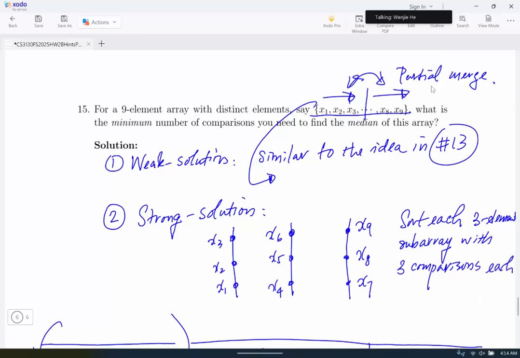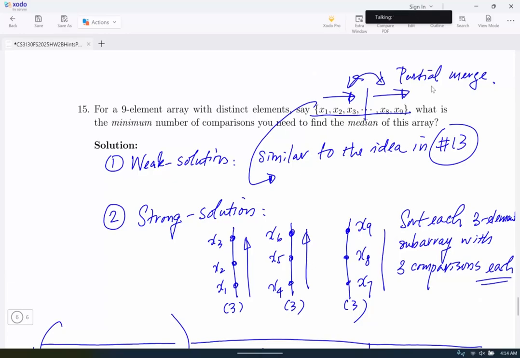But we have 3 subarrays, so 3 here, 3 here, 3 here. So you get sorted subarrays. We assume this is the sorting order.